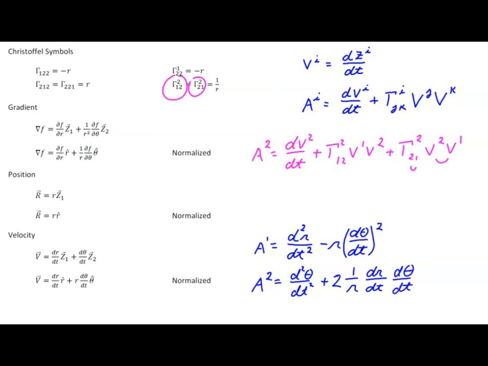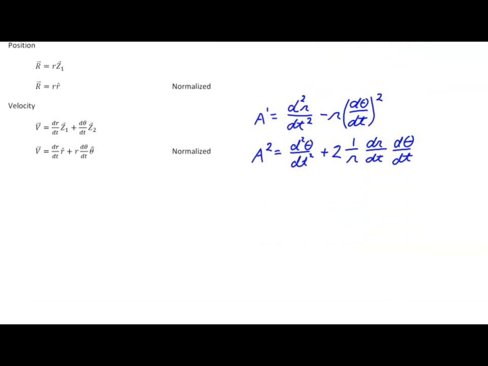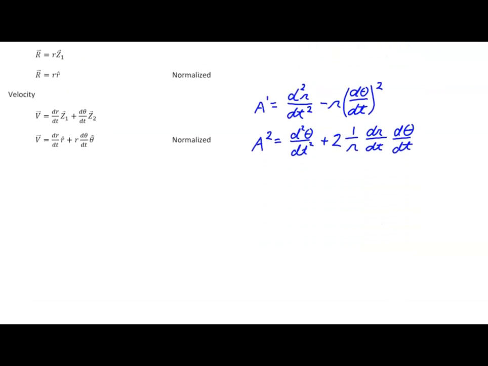Those then are the proper expressions for the acceleration components in plane polar coordinates. And you see those right down here. We see this expression right here and this expression right here.